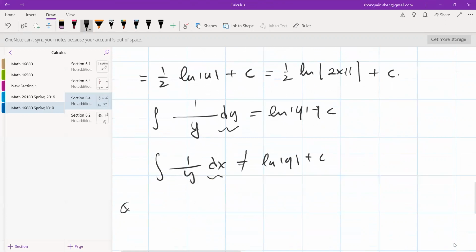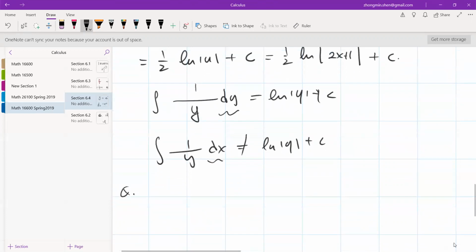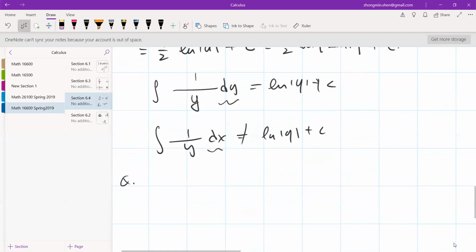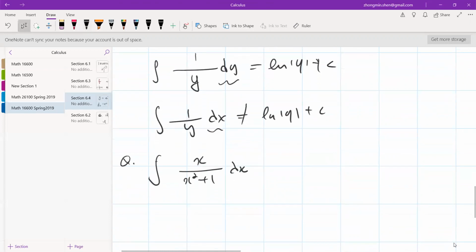Okay. So let's do the next problem. The integral of x over x squared plus 1 dx. Here we use a substitution.